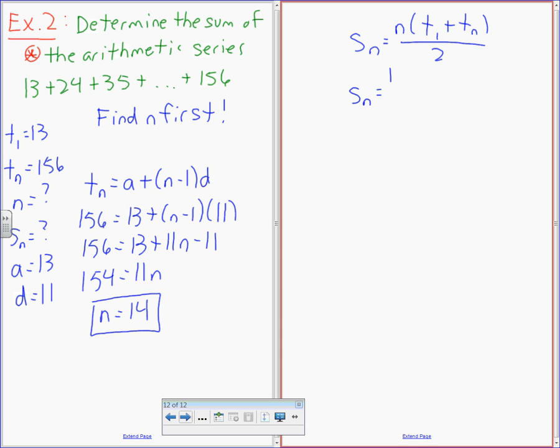Sn equals 14 over 2 times 13 plus 156. Brad, with your super duper calculator, can you do that for me, please? So Sn equals 1,180. Someone confirm that?